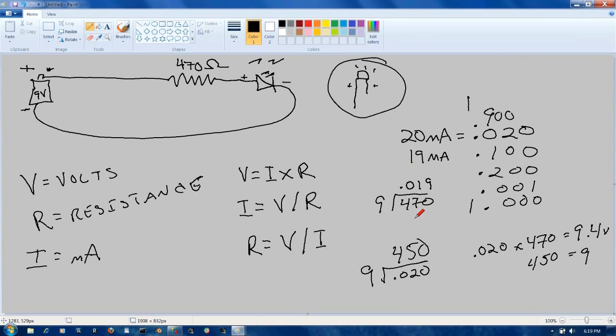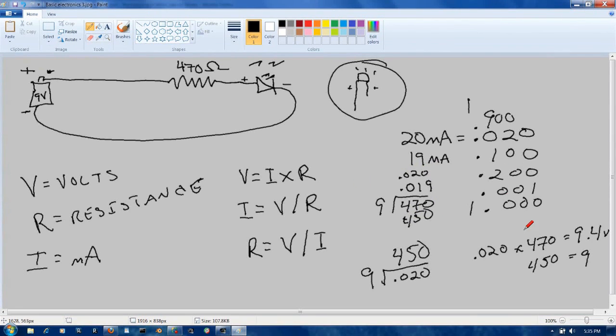If it was a 450 resistor, this would be 0.020. Okay, so you might be asking yourself, well, we have a 9-volt power supply. How are we getting 9.4 volts out of it? Now, there are ways to increase voltages, but that's not what we're doing here. If you notice, the math was based on 20 milliamps with the 470 ohms resistor.